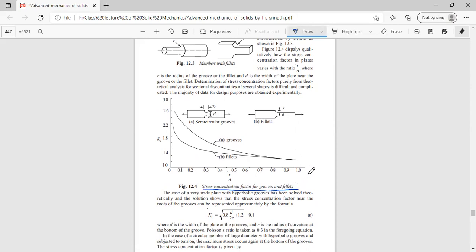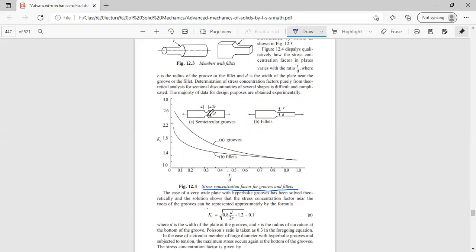And for the grooves and fillets, what we give here is R by D along the abscissa, and KT, the stress concentration factor, along the ordinate, where R is the radius of the fillet itself, either here or here, and D is the diameter of the rod after the cross-section area is reduced.